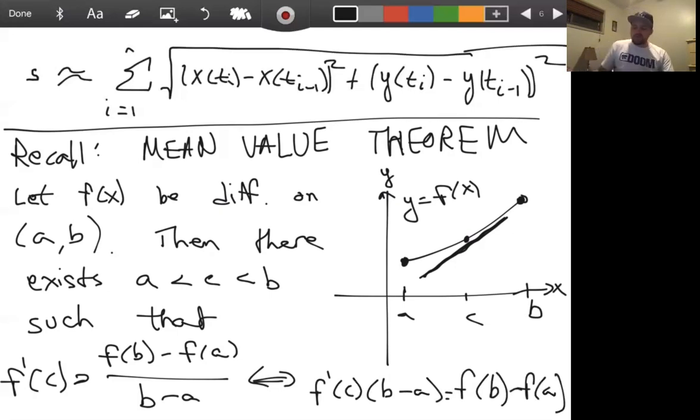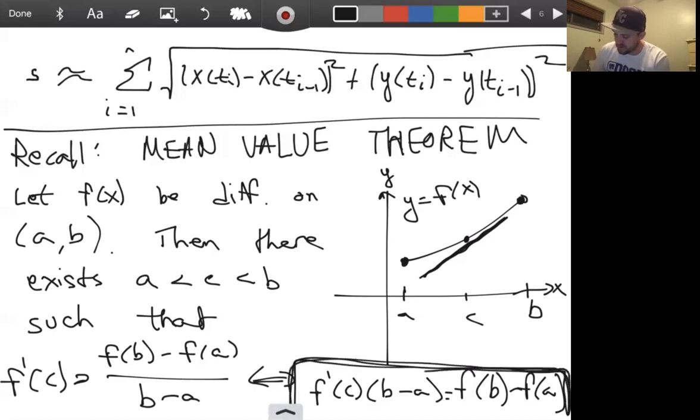Okay, so this was a quick recollection of the mean value theorem, and in particular I wanted to remind us of it expressed in this way, because I'll be using it in our context. So what does the mean value theorem get us in this case?